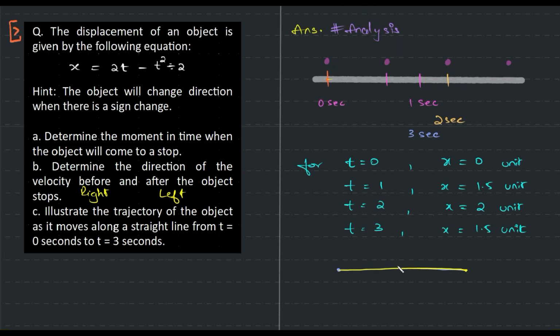So this is how it would be. Actually, we have drawn that also. Okay. So we have drawn that as well. So it's over here, here, here, and here. Okay, yes. So that's that.